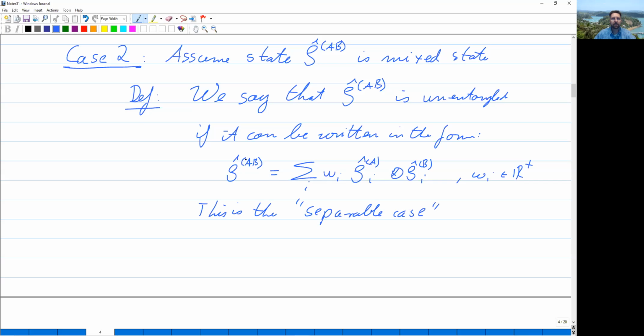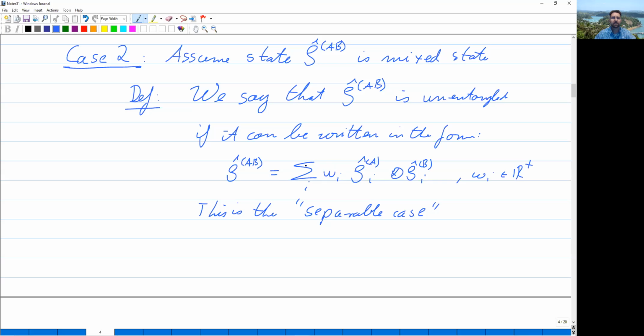It is separable if the density matrix is understandable as a probability distribution of obviously unentangled states. You see, if we have a density matrix here and a density matrix there, then these two are just independent systems. And if we just have a probability distribution running over those, then it's still just an ensemble of unentangled systems.